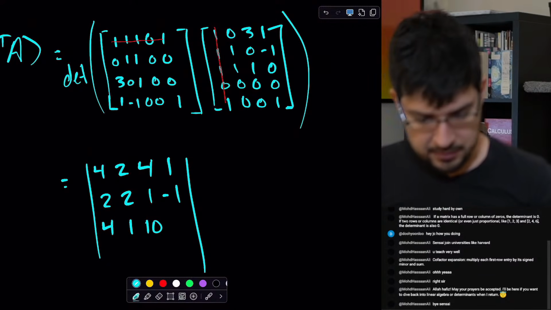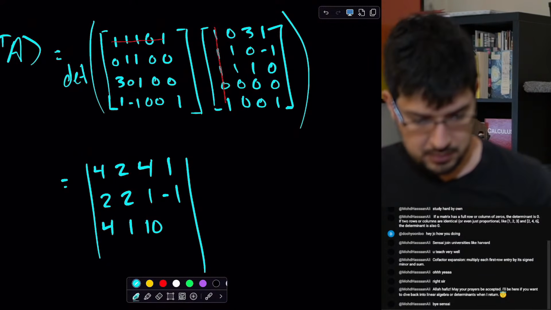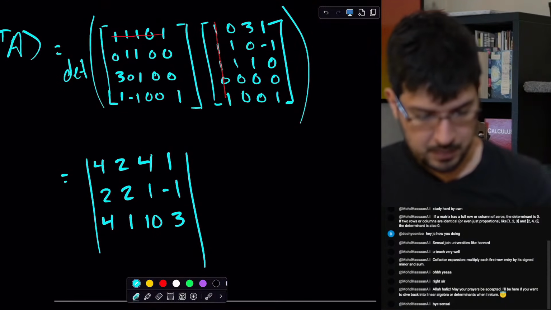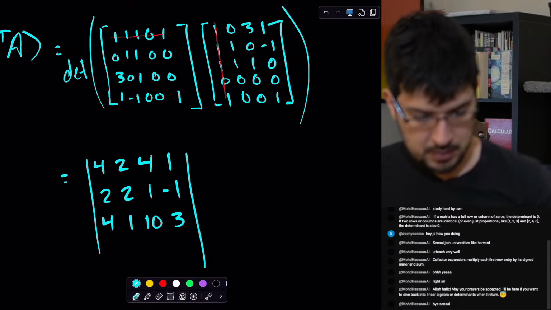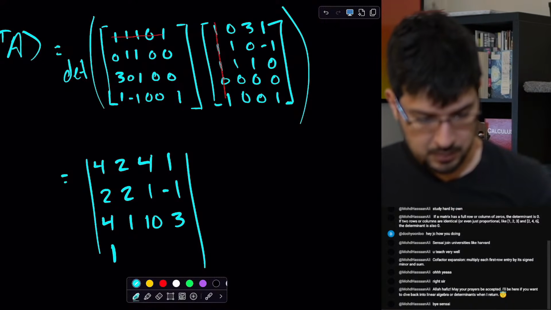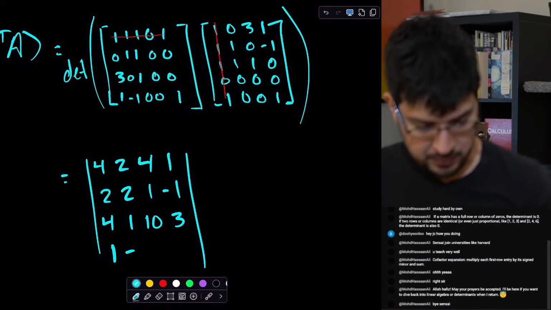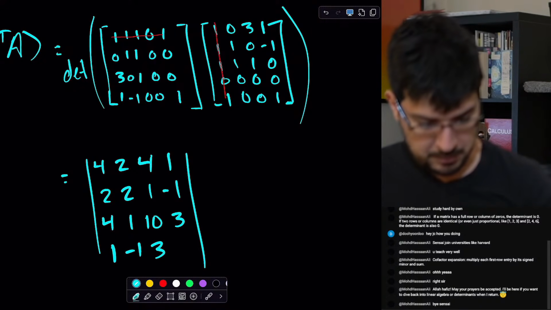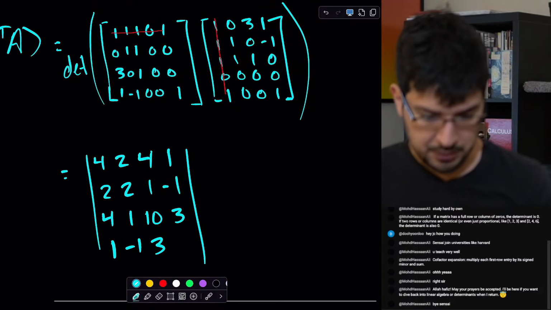And we have 3 in this entry. 0, we have 1 here. We have negative 1. We have 3. And the final entry, we have 2.